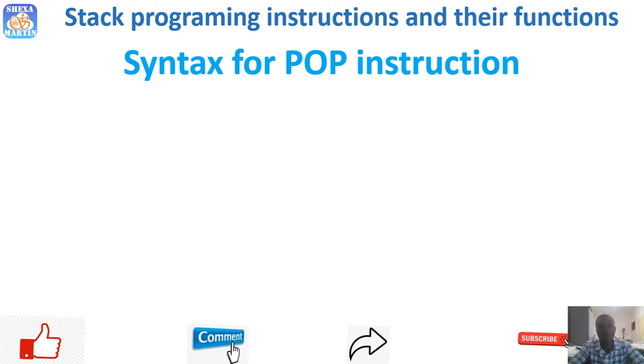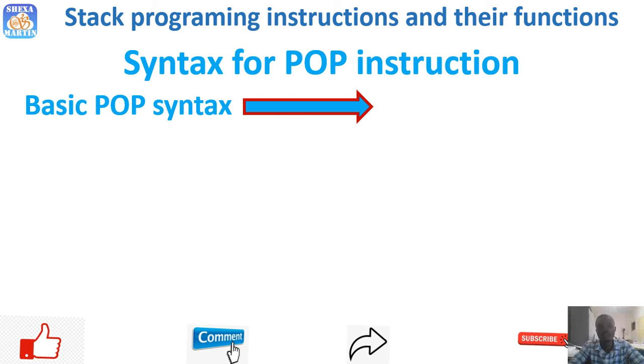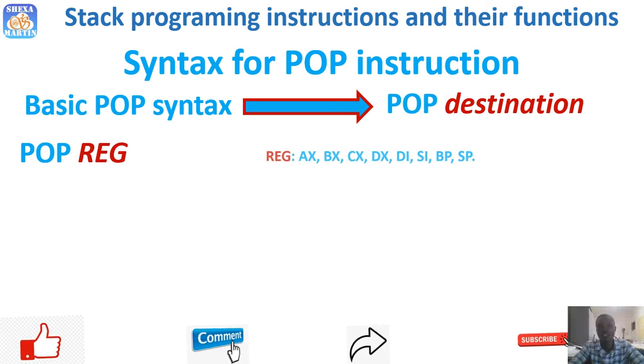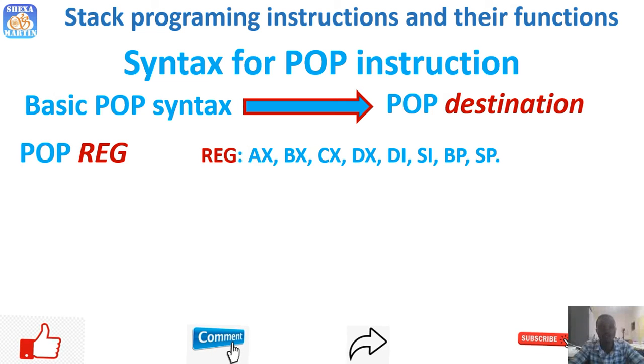And here is the syntax for the pop instruction. You say pop destination. A destination can be a general purpose register, and these are the registers that you can pop values from the stack to.